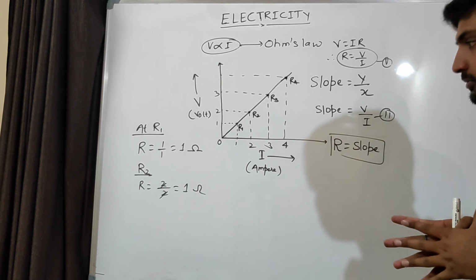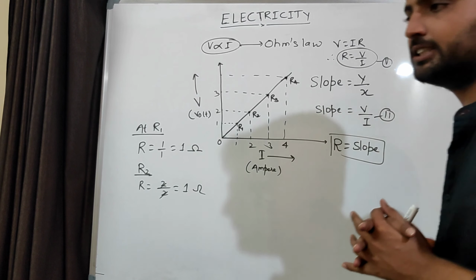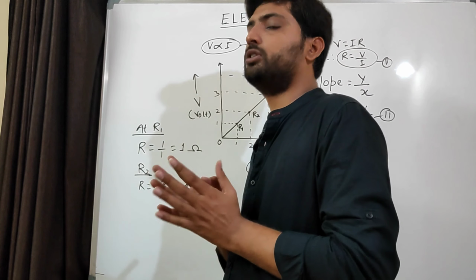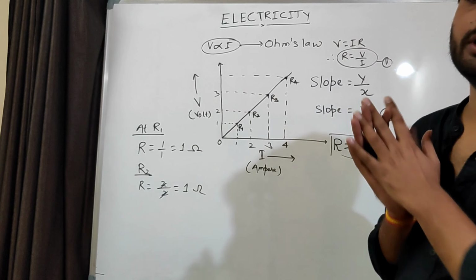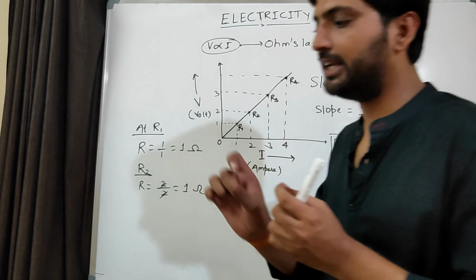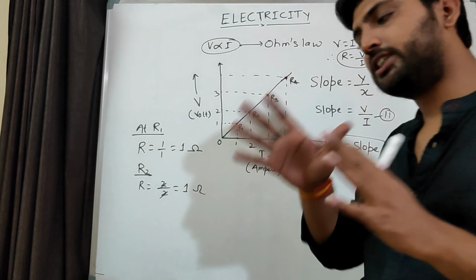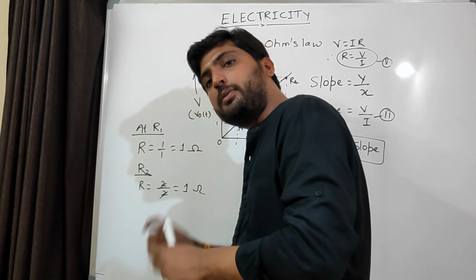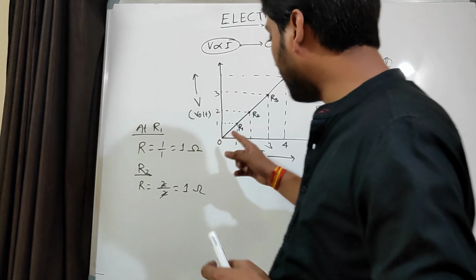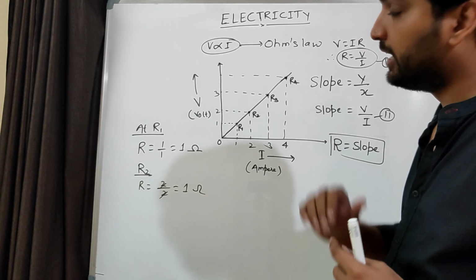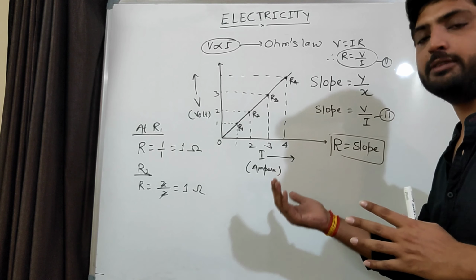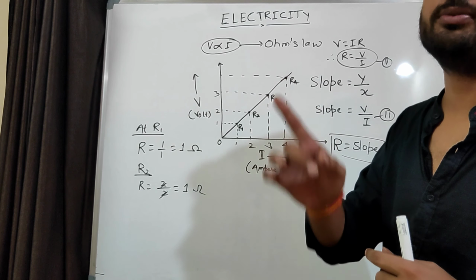Okay, note it down. In some cases they may ask to draw this graph. So what will you do? You will take different values of V, potential difference, and at that potential difference you will calculate the value of current and plot this graph. So the graph should be like this. If they have already given this graph, they will ask the value of resistance.